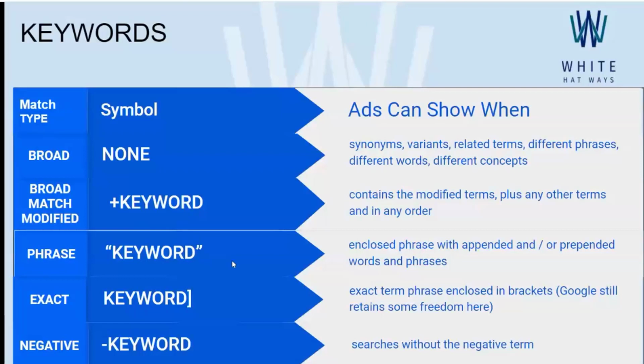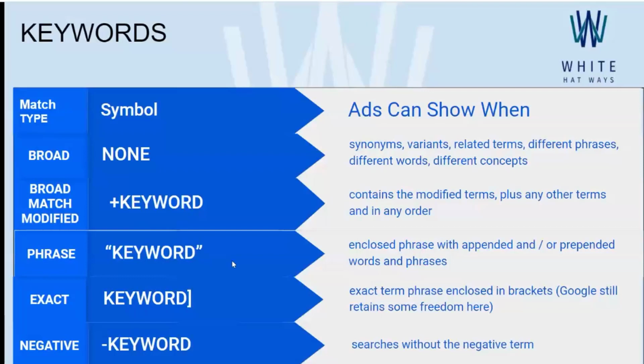Now what does that mean? It means that only and only when somebody is using the query which has all the three words learn digital marketing in that very order. I'm again repeating, in that very order. Learn digital marketing in that very order.